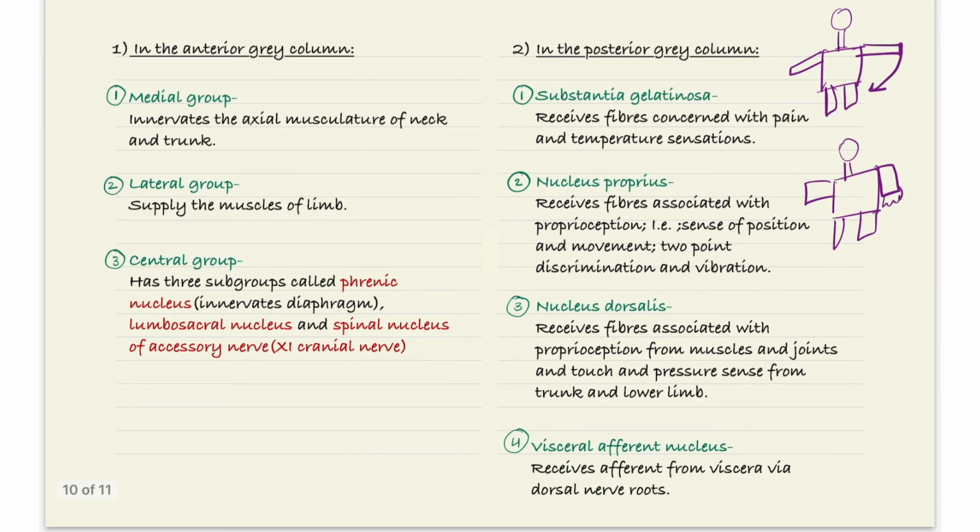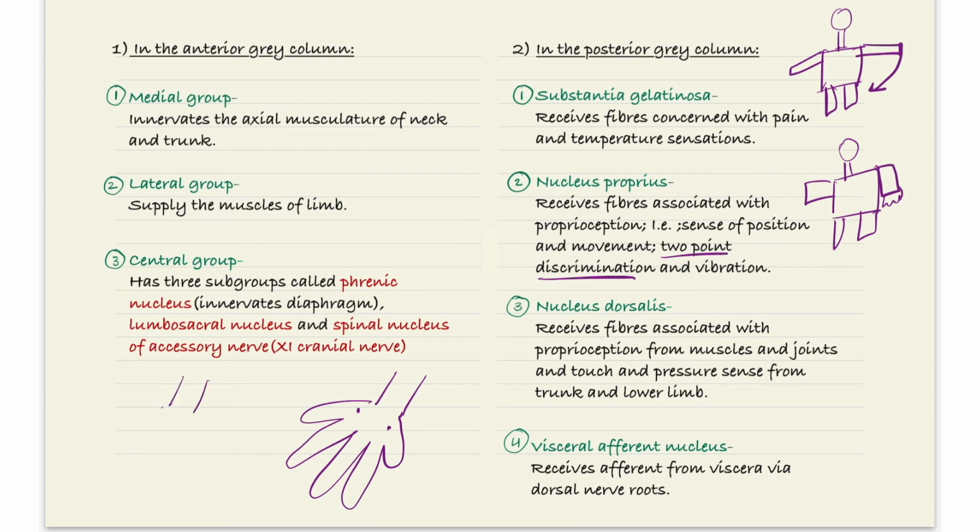Okay. Then 2-point discrimination. This can be understood by, suppose this is your hand, and if I pinch from a pin at this point and then I pinch again at this point, you will be able to discriminate the 2 points where I pinched even when your eyes are closed.